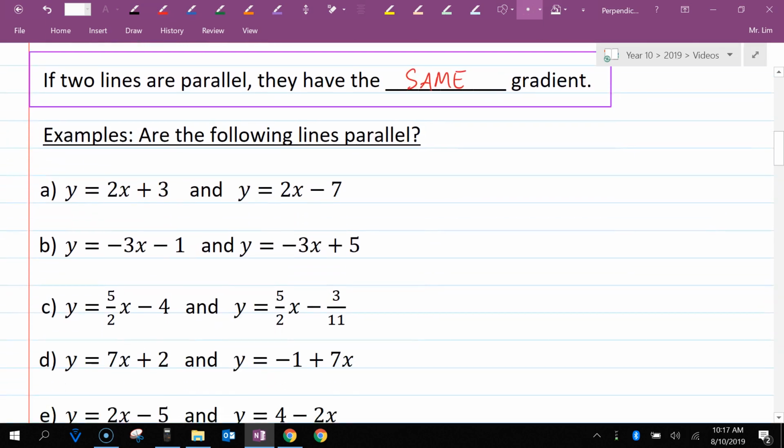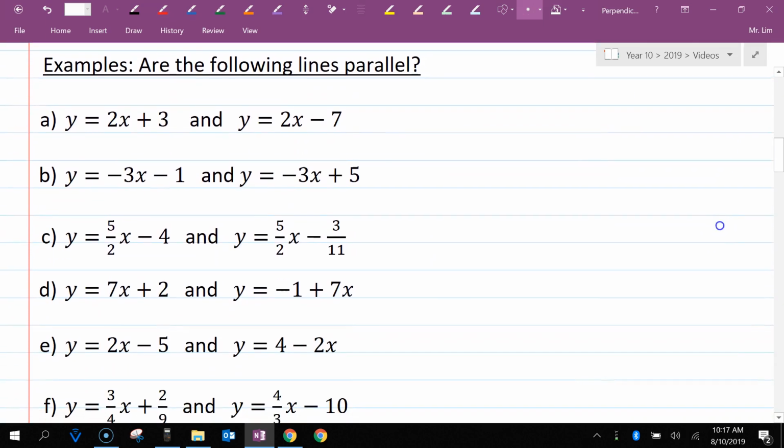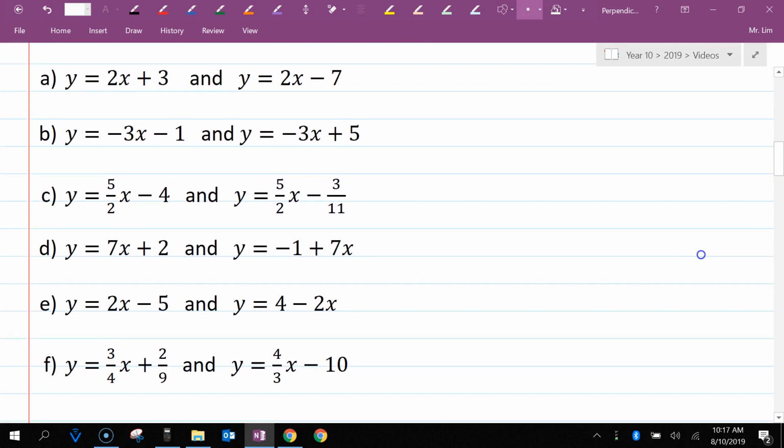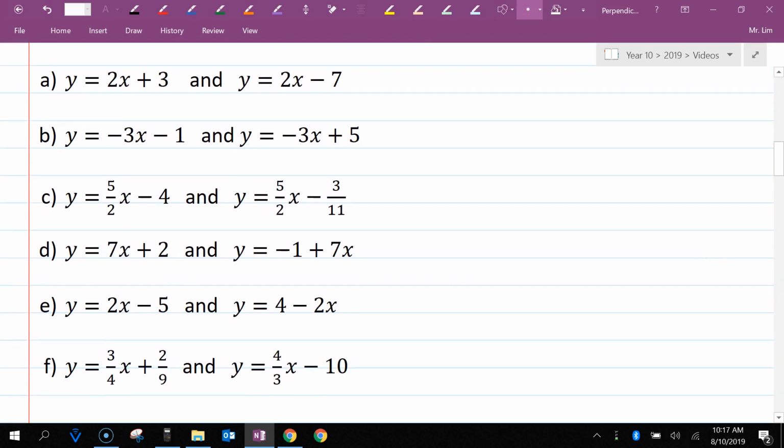So, are the following lines parallel? Here I've got 6 examples. I'll do the first 2 with you, and then I'll get you to have a go with the last 4. y equals 2x plus 3, y equals 2x minus 7. We're looking at the gradients.